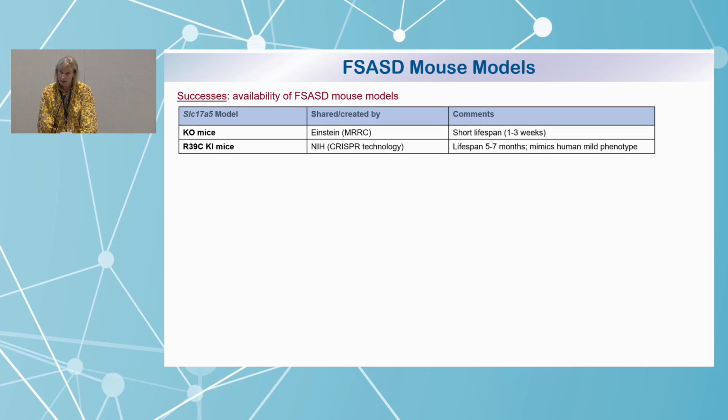We created at NIH with CRISPR-Cas9 technology an R39C, the Finnish mutation knock-in mouse model. This mouse model replicates the human disease. It has a longer lifespan, 5 to 7 months, actually mice way older than 7 months now.